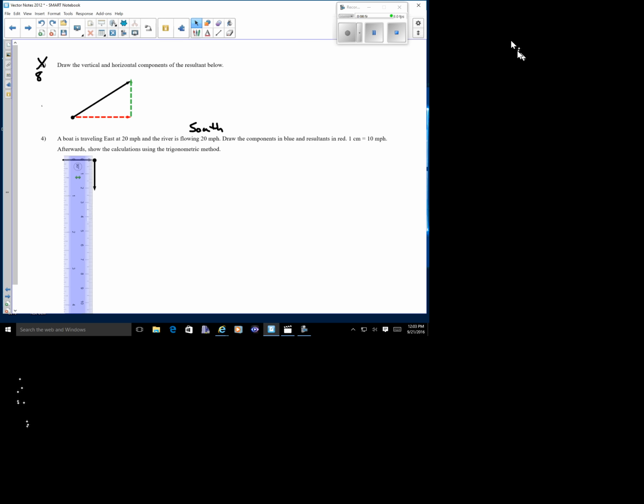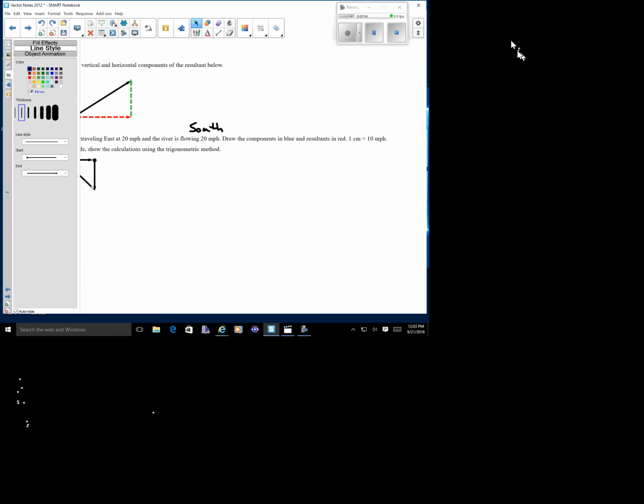And so that red line there is the resultant. And now when we measure this line, we end up getting roughly about 2.8 centimeters. 2.8 centimeters then is going to end up being 28 miles per hour.